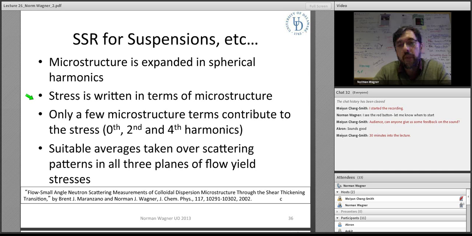So you get a very simple relationship between the deformed structure factor, which you can analyze by doing a spherical harmonic decomposition of what you measure in the scattering, and which components show up in the stress expression. And this helps to have information in all 3 planes of flow again, because to reconstruct that spherical harmonic expansion, you really need information in all 3 planes of the flow.